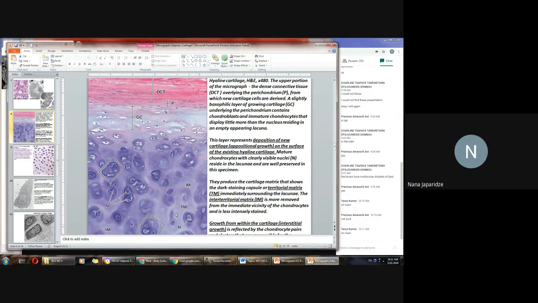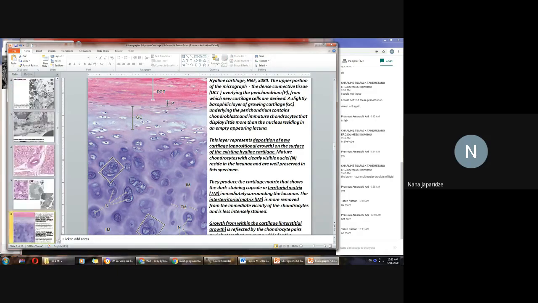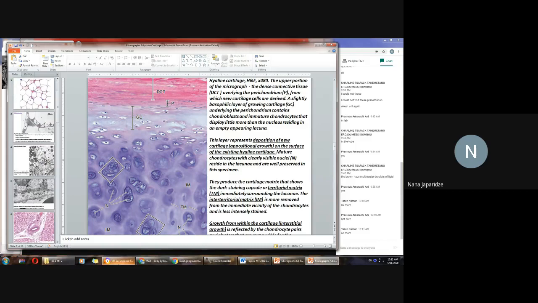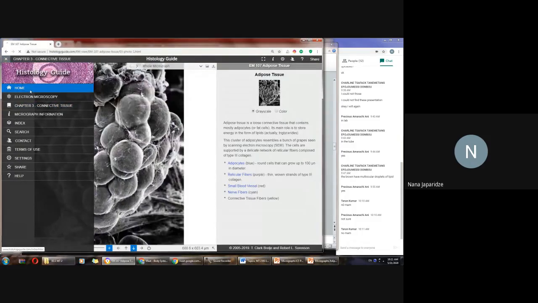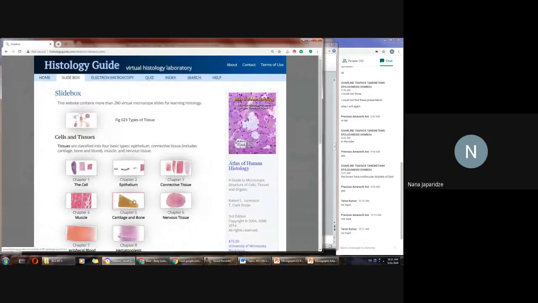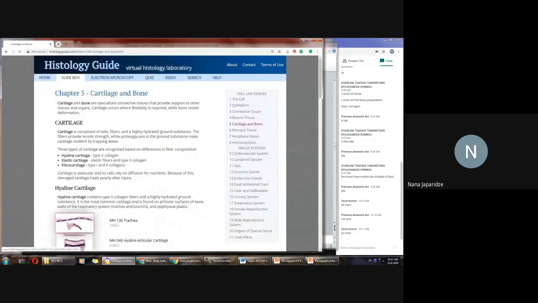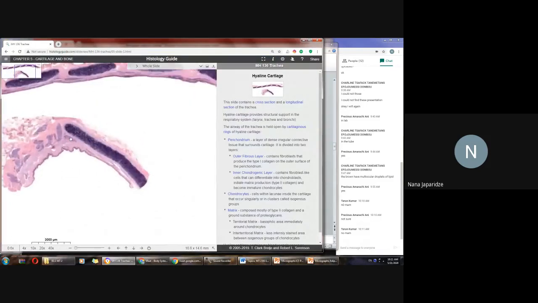Yes, sure. So for that reason, I will show you another image. Look, this is a longitudinal section through the hyaline cartilage.